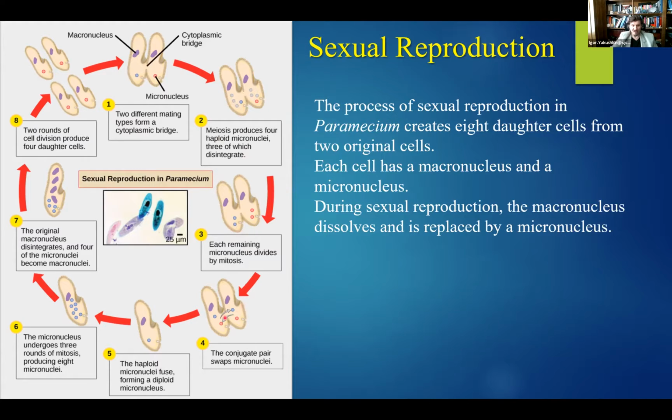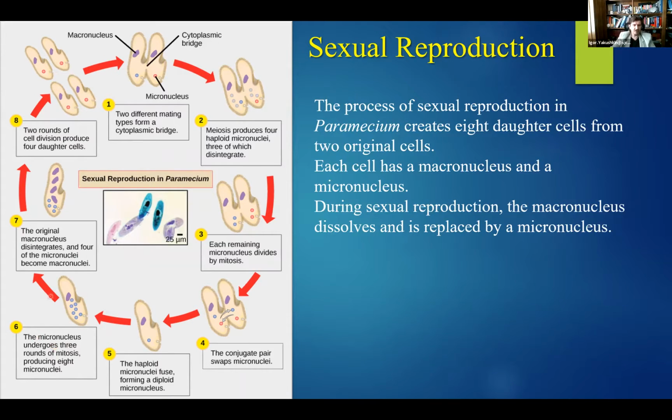And then they will exchange the micronuclei. Later on, micronuclei will fuse together. So haploid and haploid will create a diploid micronucleus. And then those new micronuclei will go through 3 rounds of mitosis, creating 2, 4, 8 micronuclei, okay?